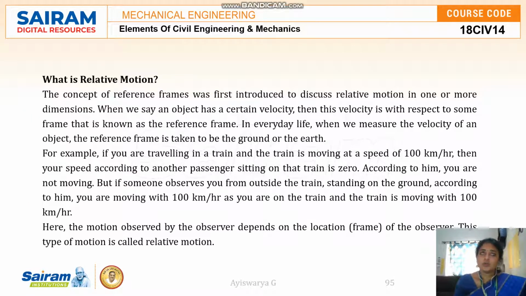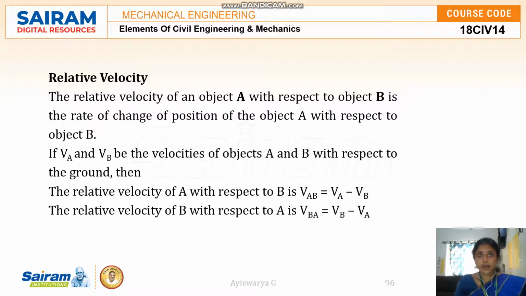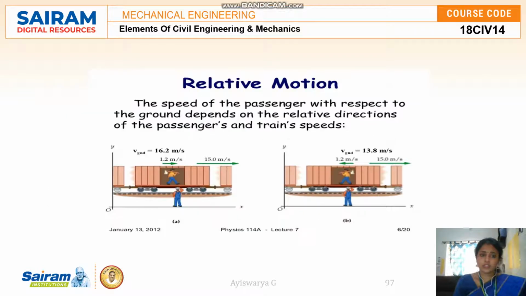So in this video you have seen about the reference frame and how the person outside the train will observe you. Okay, and you have seen about the relative motion and relative velocity, and I also told you about the resultant velocity. So sometimes they may ask you the difference between relative velocity and resultant velocity.